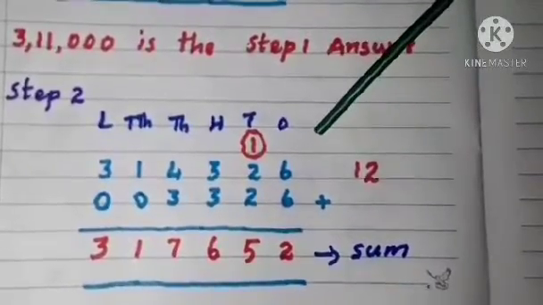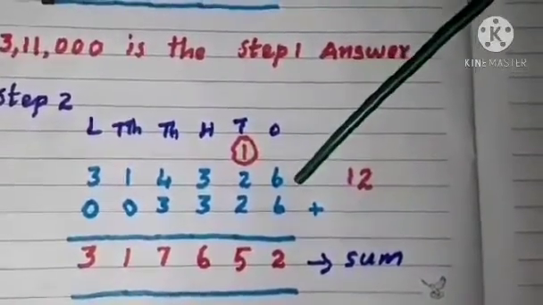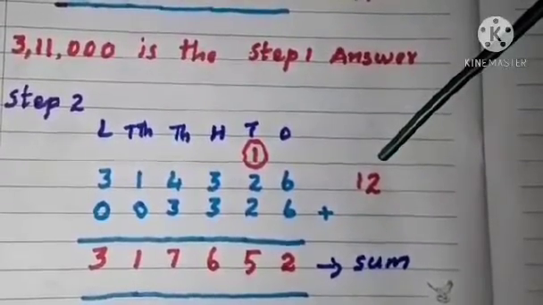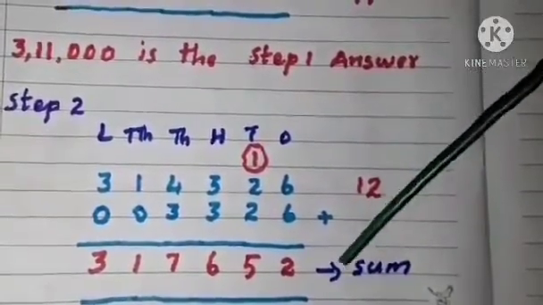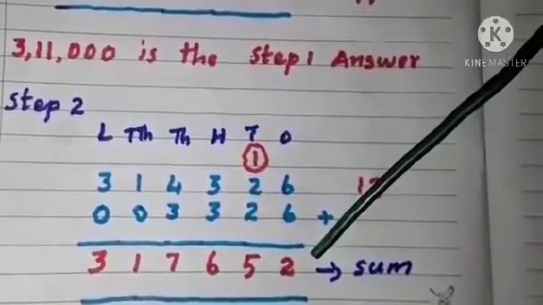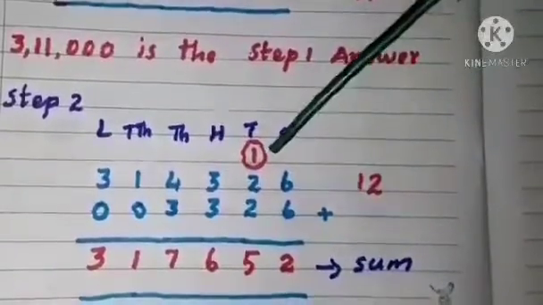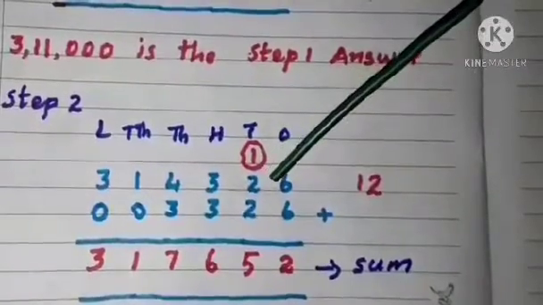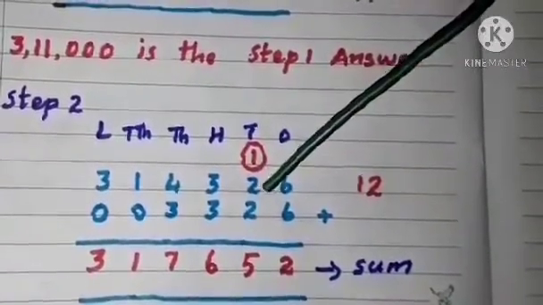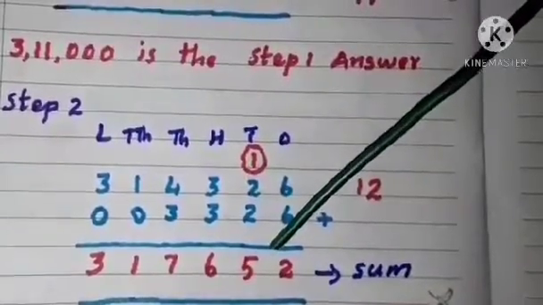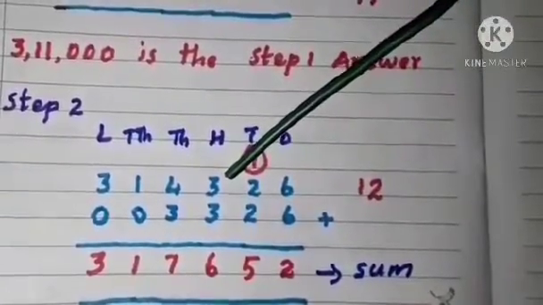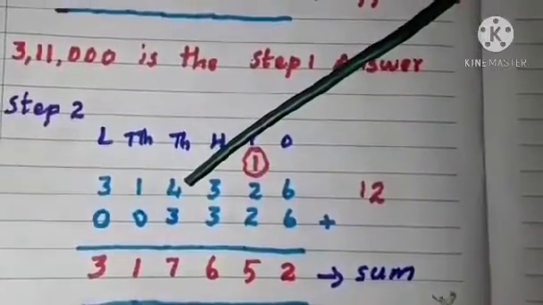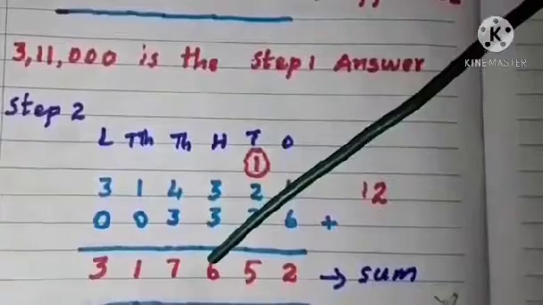We have to start from ones place. 6 plus 6, 12. 12 is a two-digit number, so we have to put 2 in the ones place. 1 carry over to tens place. 1 plus 2, 3. 3 plus 2, 5. Next one, 3 plus 3, 6. Next one, 4 plus 3, 7.